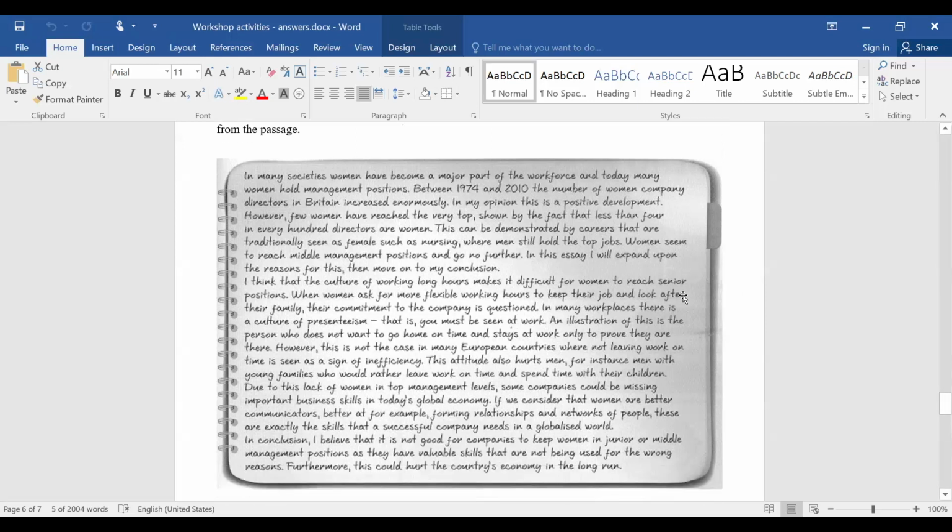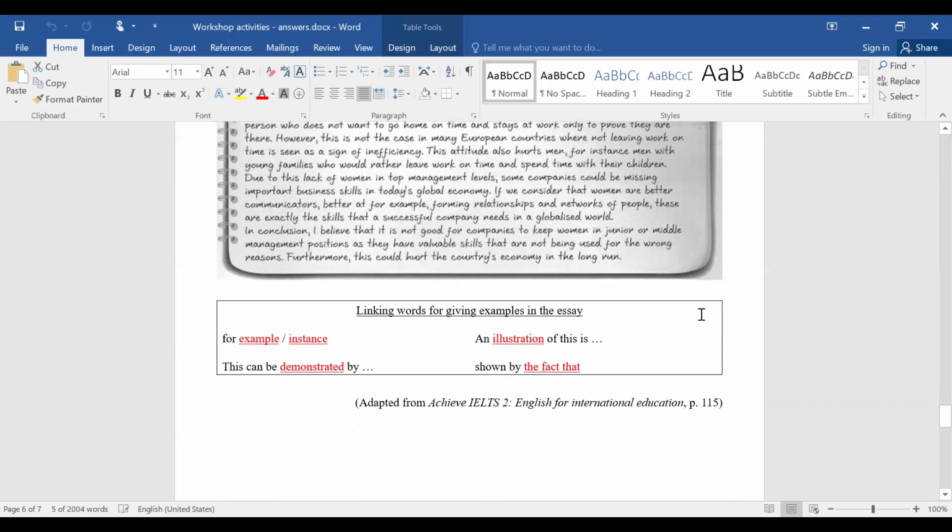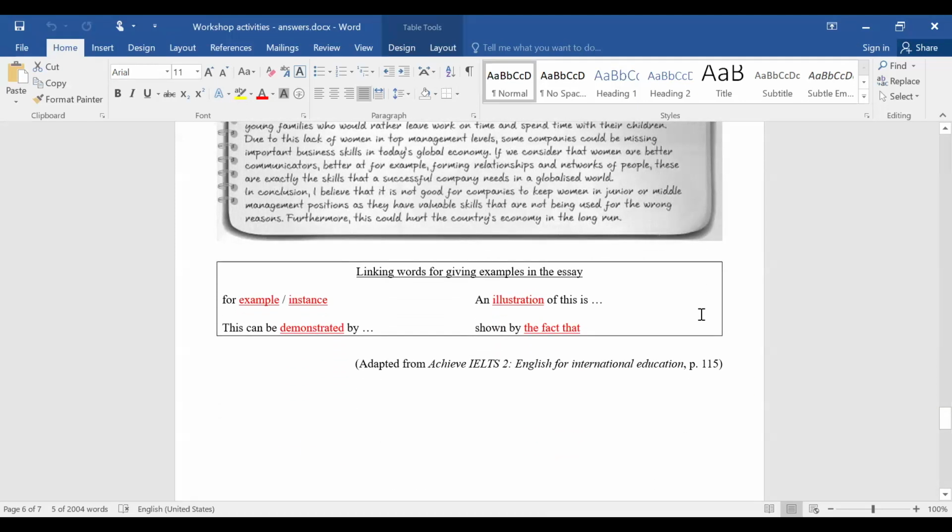I think you can read the passage later, but I'm just alerting you to the fact that we can use a range of other linking words in order to introduce or to give examples. Other than for instance, you can use an illustration of this is blah blah blah. This can be demonstrated by blah blah blah, or shown by the fact that blah blah blah.